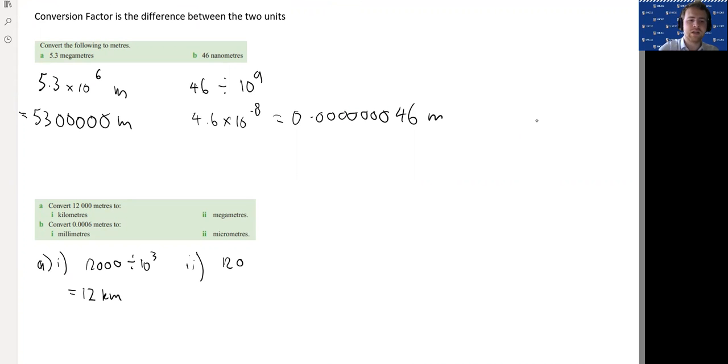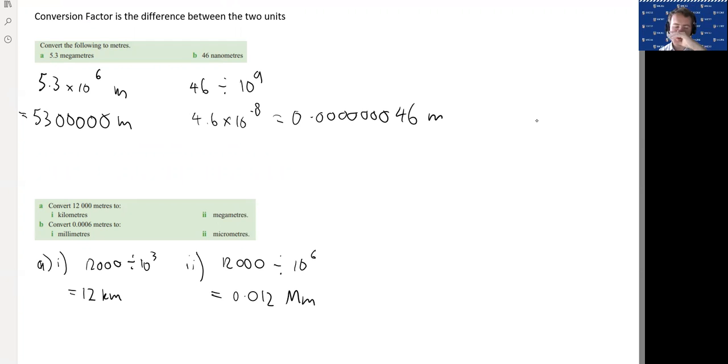So 12,000 into megameters. We're going to divide again, this time by 10 to the 6. Okay, so if we've got 12 kilometers and we divide by another 1,000, that's going to be 0.012 megameters.